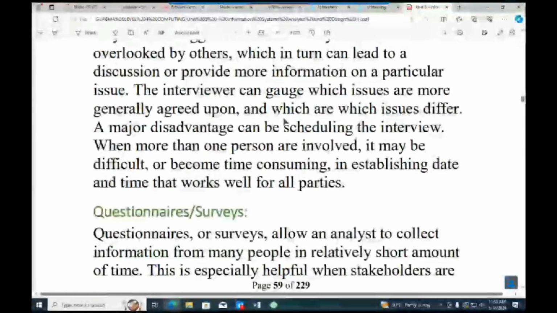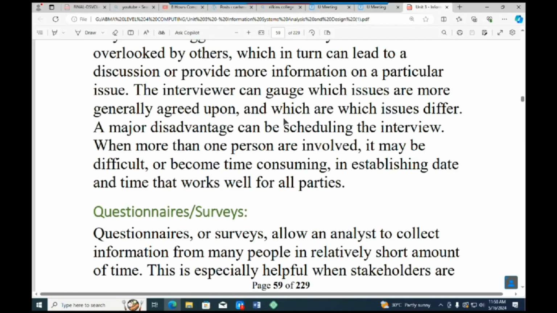So it is in the hands of the interviewer to gauge which issues are generally agreed upon and on which issues people differ.